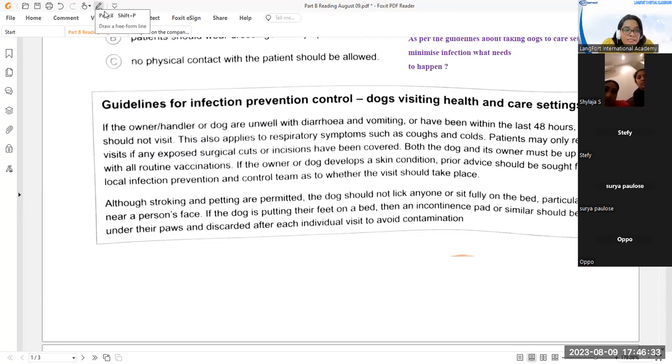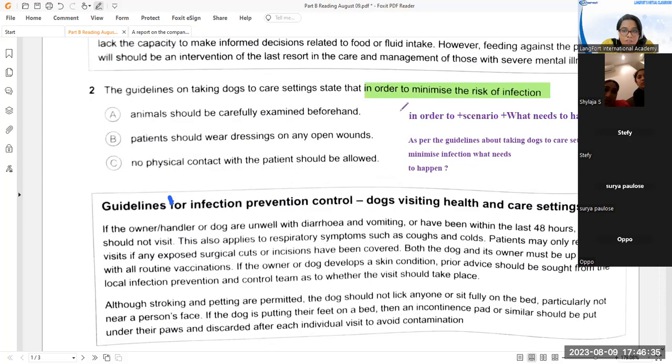Okay, all right. So Steffi, this is an incomplete question. Can you read each option with the question for me, please? The guideline on taking dogs to care settings states that in order to minimize the risk of infection, option A, animals should be carefully examined beforehand.